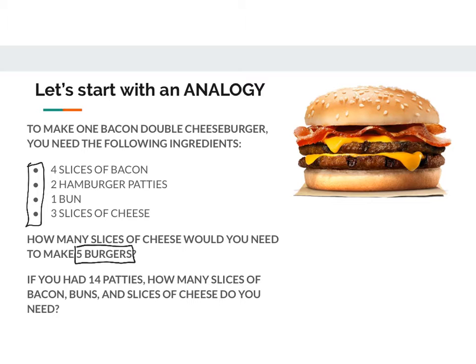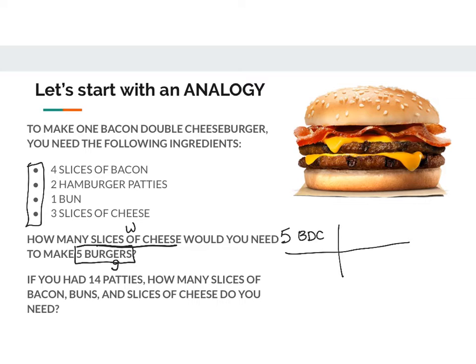So since I have that number with a unit of burgers or bacon double cheeseburgers, that's actually going to be my given. So if I'm going to set it up in dimensional analysis, my given would be 5 bacon double cheeseburgers. All right. My wanted, so what I'm trying to solve for, is going to be slices of cheese. So like the number of slices of cheese is going to be my wanted. So here's my given, here's my wanted.